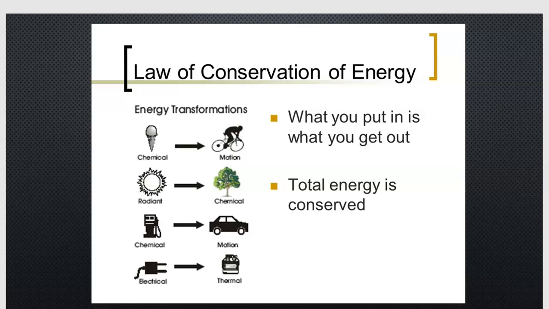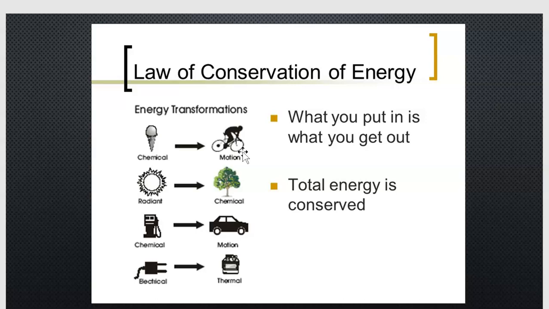So, for example, if we look at our ice cream cone here, that represents chemical energy, and that energy is stored within that ice cream. When the person eats it, they break it down, cellular respiration occurs, they get the energy from that ice cream, and then they go bike riding and use that energy.